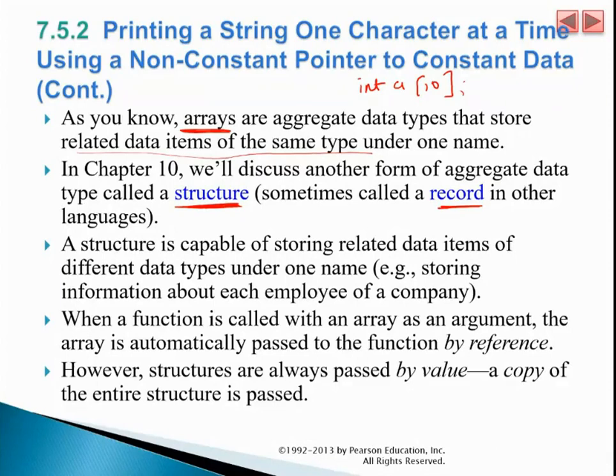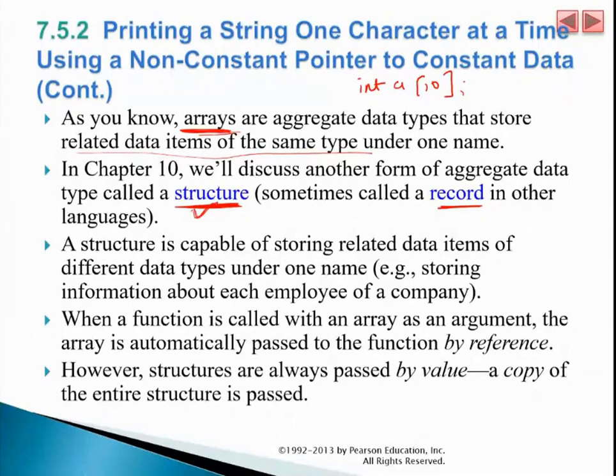So structures allow us to store elements of different data types under one name. This is the difference between array and structure. We have covered arrays; after some time we will cover structures also. It is in the syllabus, so we will look at that also.